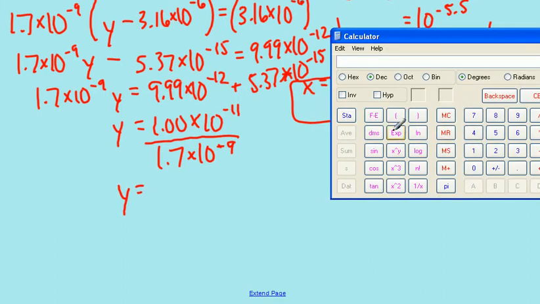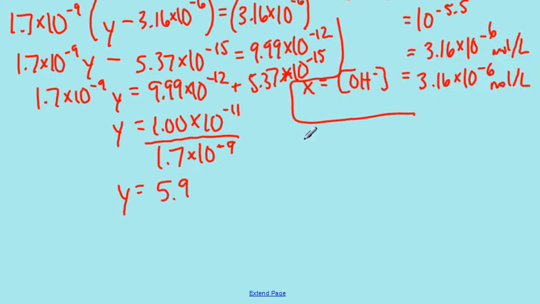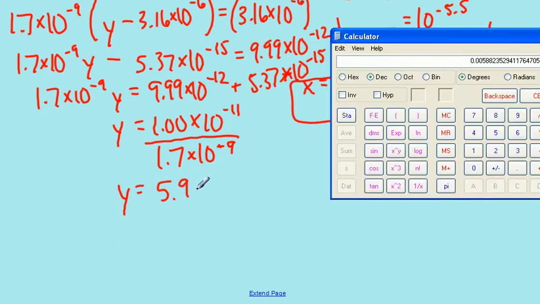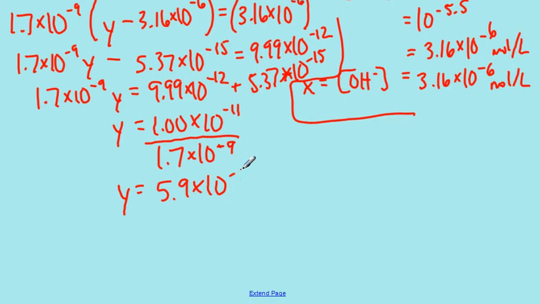Then I get for y, 5.9 times 10 to the minus 3 as my answer.